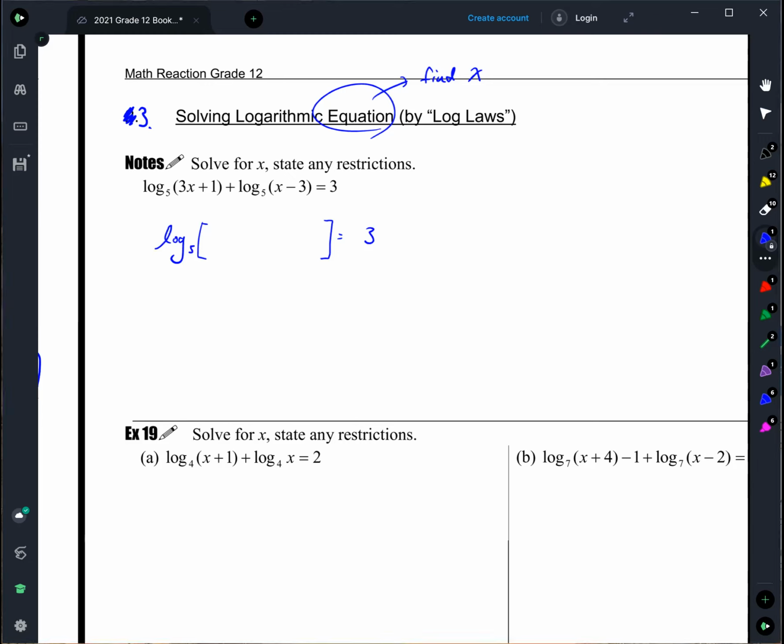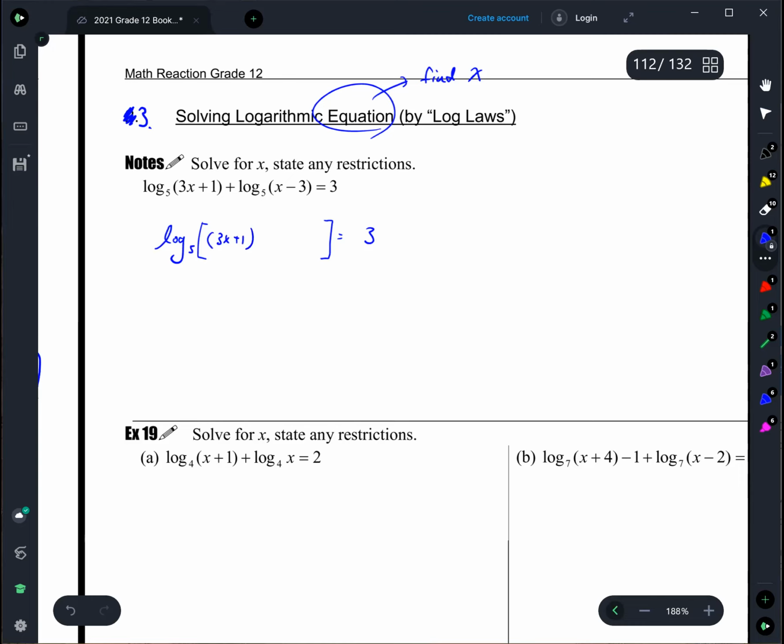So what should go inside that square bracket? Okay, Waylon, what do you think should go into the square bracket here? 3x plus 1 and x minus 3. Yeah, and they are multiplying together, right?